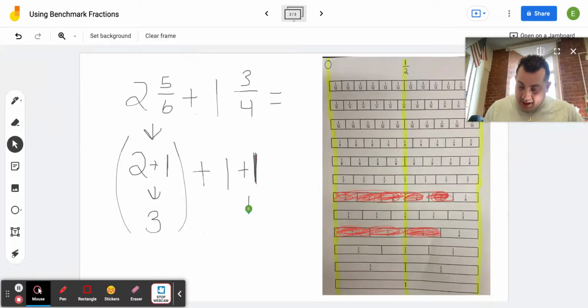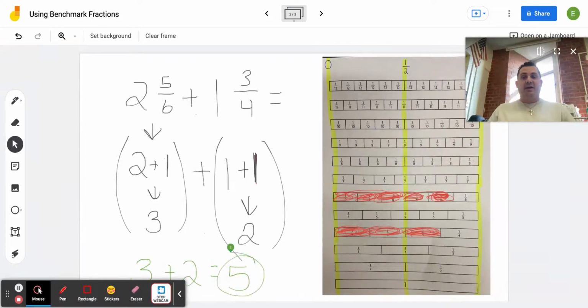So we would estimate that to 2 wholes. Now, that means 2 and 5/6 was estimated to 3. 1 and 3/4 was estimated to 2. And 3 plus 2 gave you 5. And that would be the answer right there, 5.